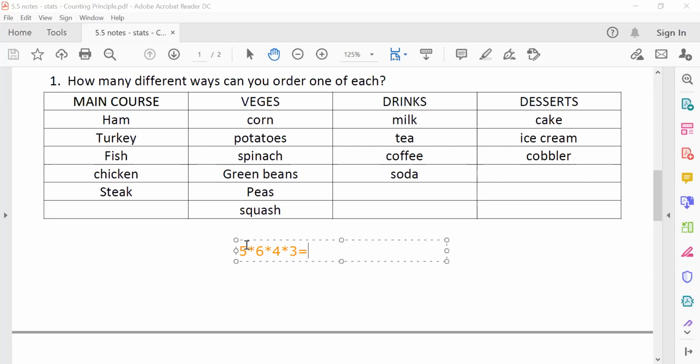Let's see if I can do this one in my head. 5 times 6 is 30, times 4 is 120, times 3, there's 360 different meals that you could choose.